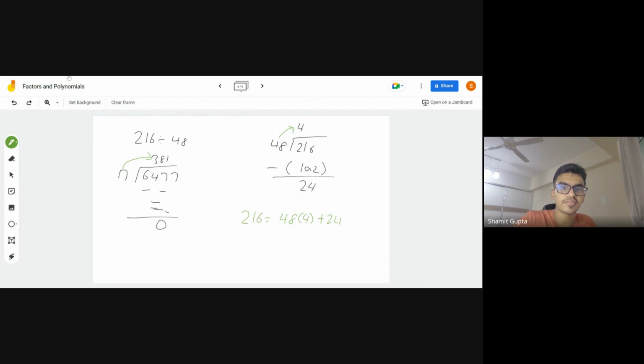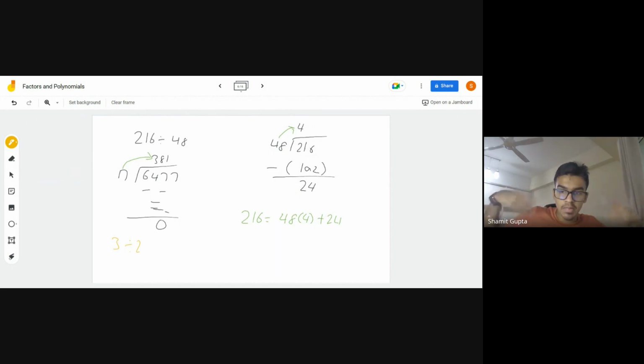Try to get a feel of it. Remainder means what? After you divide, what's remaining? So for example, 3 divided by 2. Common sense, we know it's 1.5. But if you have to first see how many whole times, don't tell me decimal values.